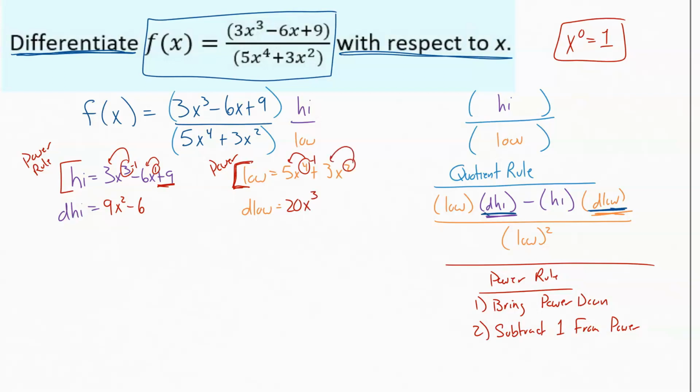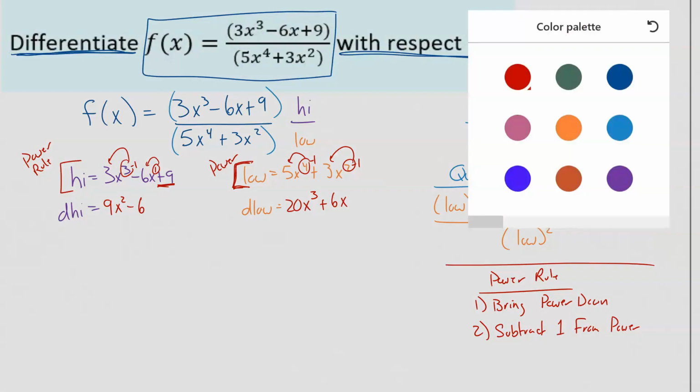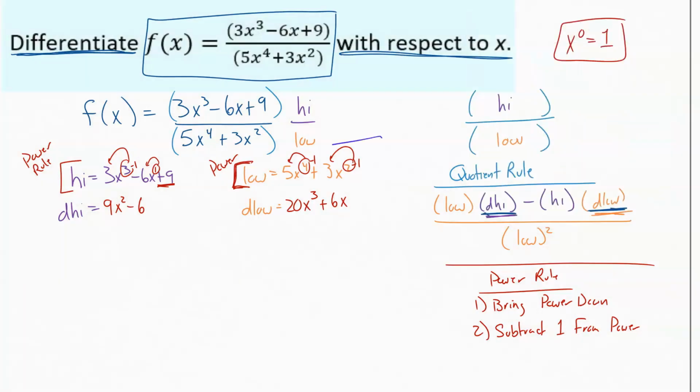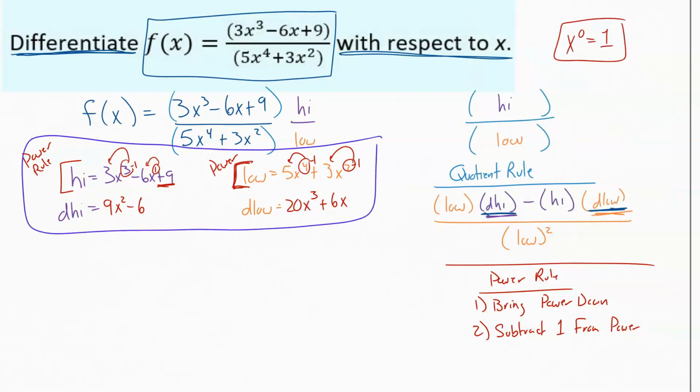Then we bring our 2 down. 2 times 3 gets us plus 6x, and then subtracting 1 from the power gets us x to the first right there. So at this point in the process, I have all of what I call my ingredients. I have everything I need to follow my quotient rule recipe. So to find our derivative, we just put all the pieces together following the recipe, and we're done.